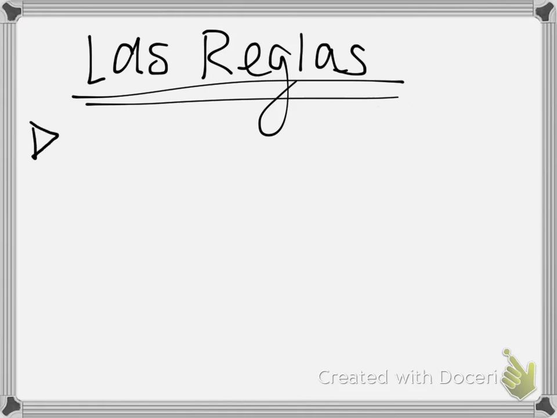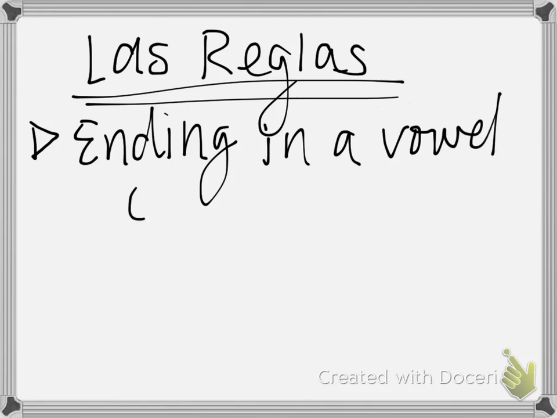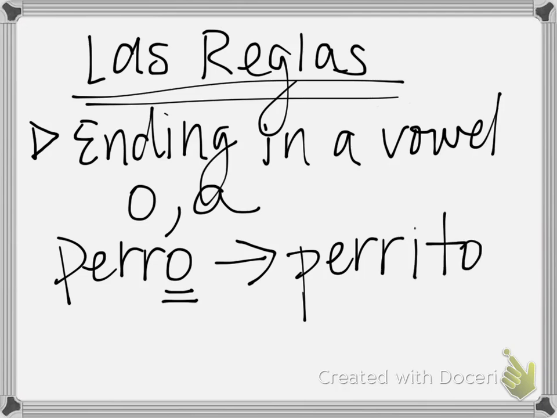Your first rule is if your noun is ending in a vowel. The ones you're super familiar with seeing are the ones ending in O or A. Por ejemplo, we have perro, and all you do is replace the O or the A with the suffix ito. So perito, and because it's a masculine singular word, we end it with ito instead of ita or itos or itas.